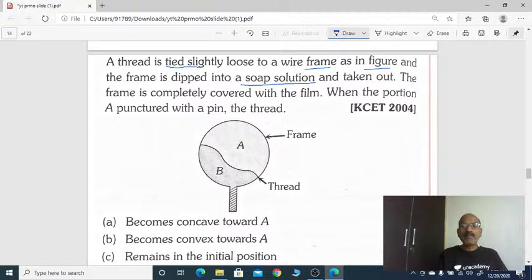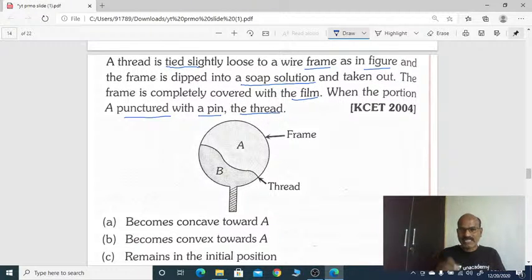The frame is completely covered with the film. When portion A is punctured with a pin, what happens to the thread? When this thread is tied slightly loose to a wire frame and the frame is dipped in soap solution, it will form a film.